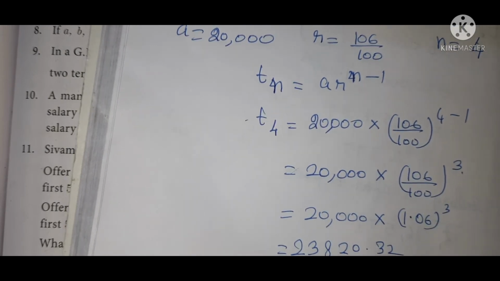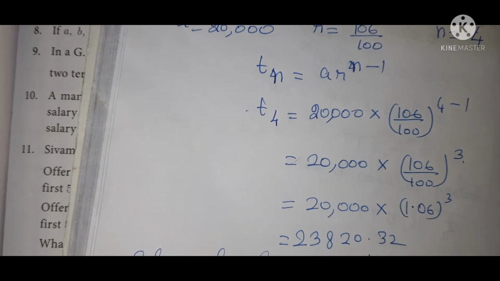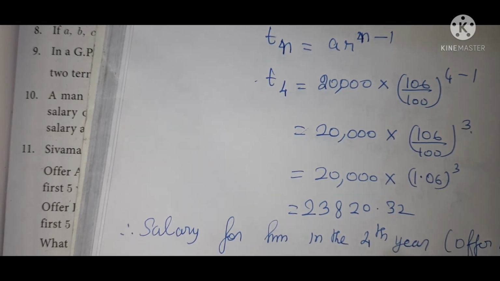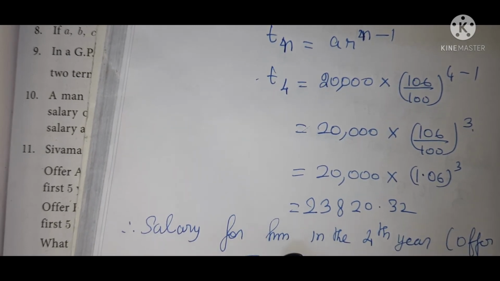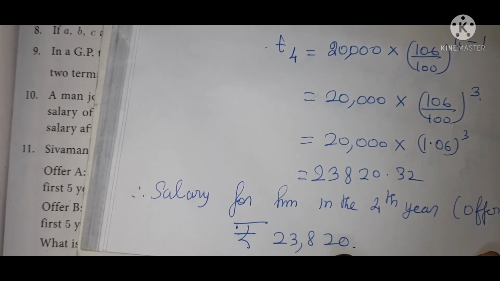We get 23,820.32. Salary for him in 4th year. Therefore, salary for him in the 4th year, that is offer A, rupees 23,820.